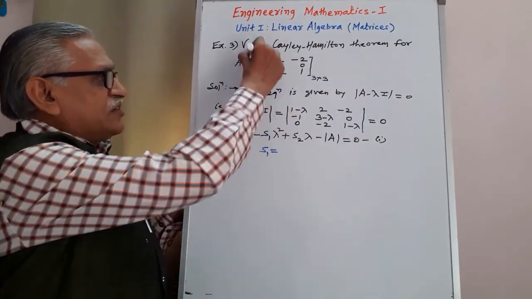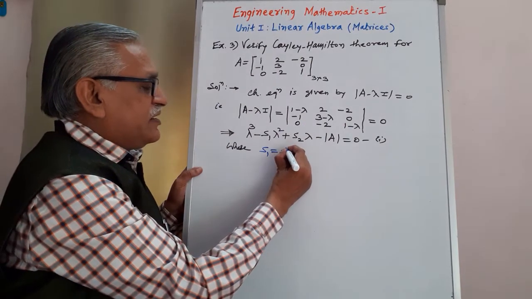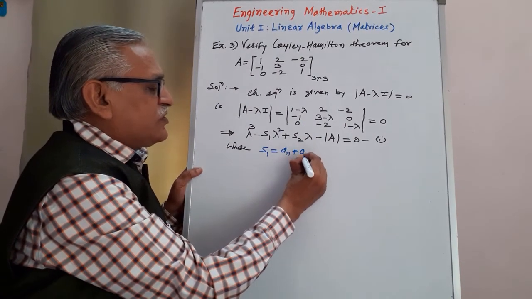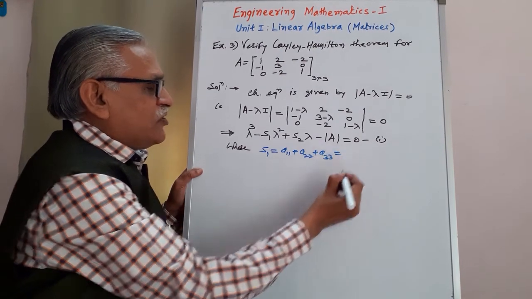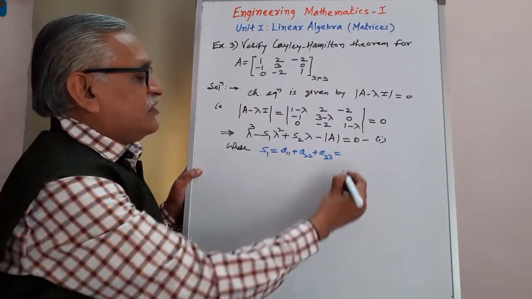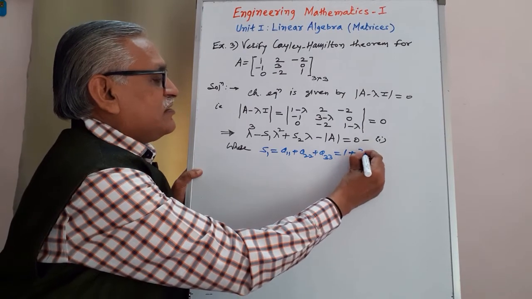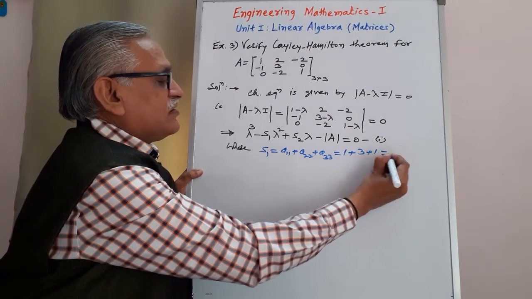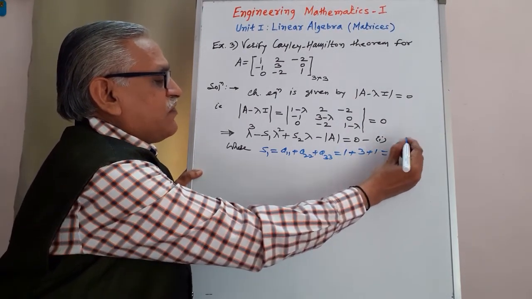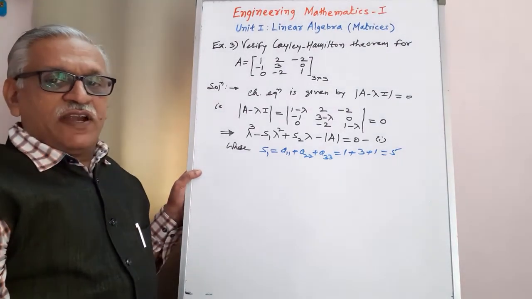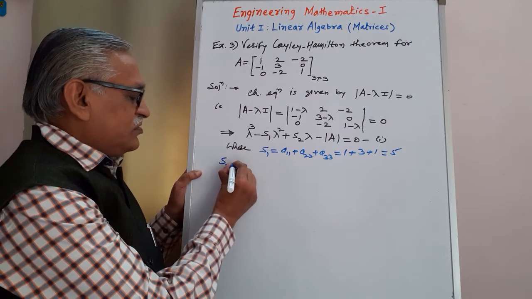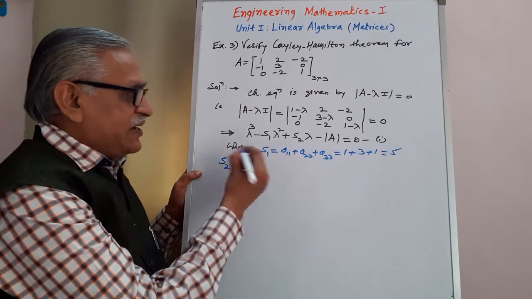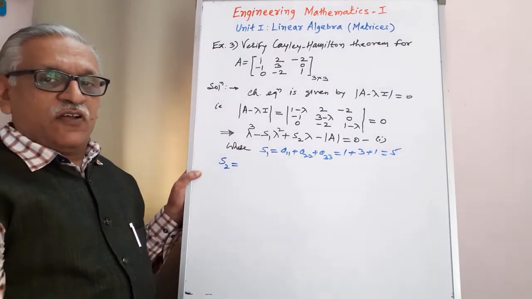S1 is the sum of the principal diagonal elements, that is A11 plus A22 plus A33. And for this particular example, that sum is 1 plus 3 plus 1. 4 plus 1, we get 5. Value of that S1 is 5. Then second, S2, it is the sum of the minors of diagonal elements.